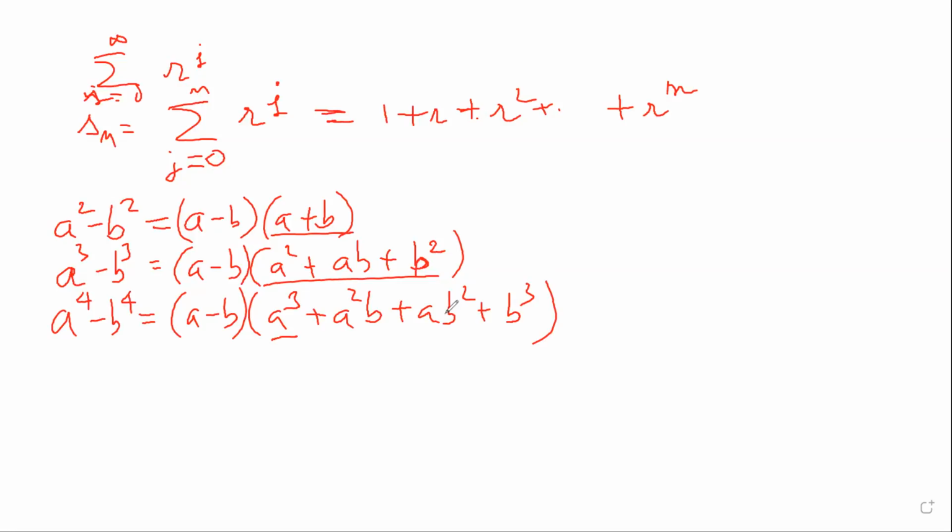And the reason that you get exactly this is because when you multiply out, this one gives you A to the power 4, and then this multiplied with this gives you minus B to the power 4, and then the rest can be put in pairs that cancel out.